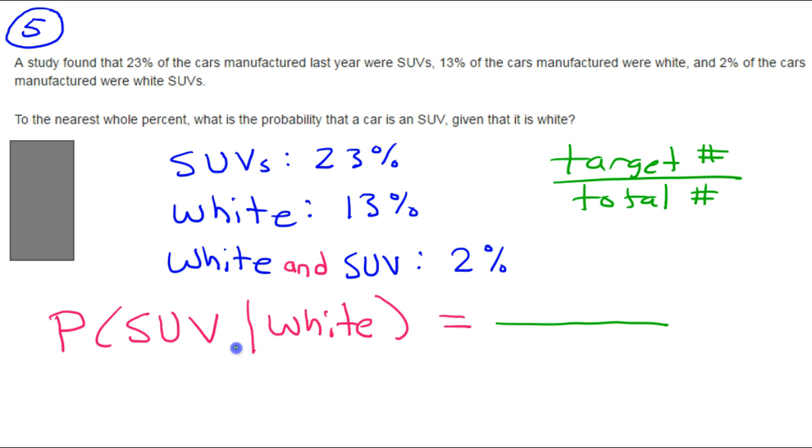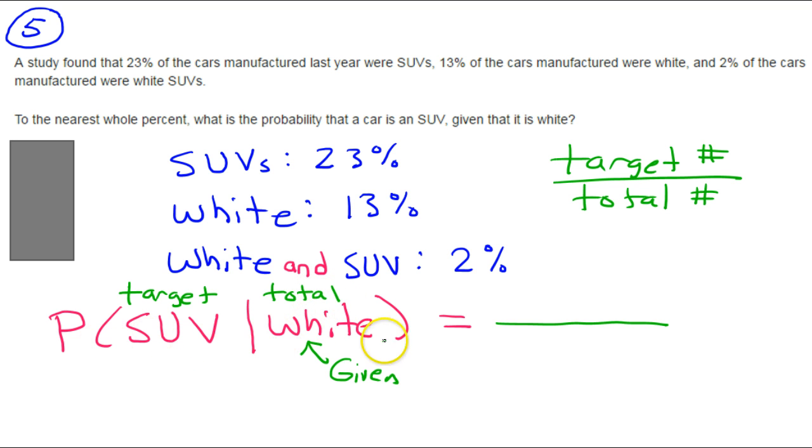Now, here's the key. When you're given something, this is what we are given. Okay, when you're given something, that becomes your whole universe. In other words, our target is SUVs, but our total is going to be white vehicles.